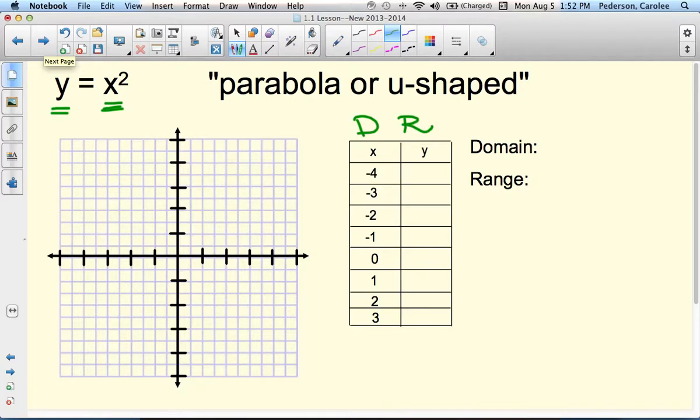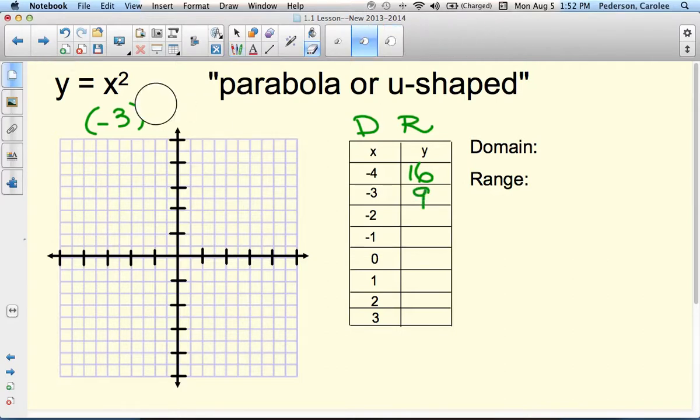So we say -4 squared, what is that? It's 16. So you put 16 here. Then substitute -3 in. -3 squared is 9. So you put 9 in here.